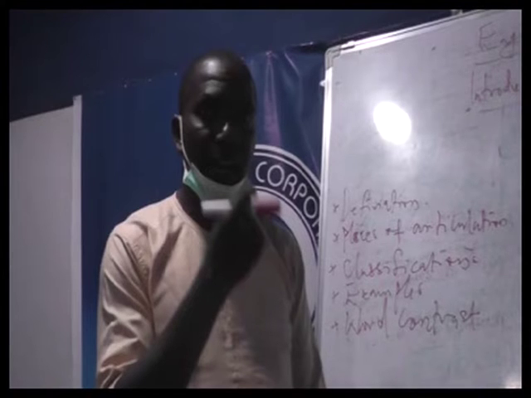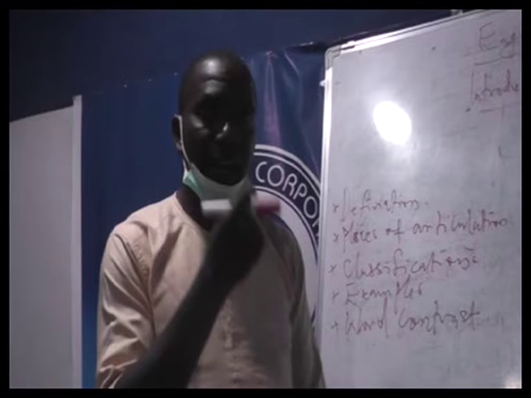The tongue is not mentioned because it is involved in all productions of the sounds you make. Then we go to the next one, which is the classifications. Now, in English, we have 24 consonant sounds, and these are classified into different groups. The first group is known as stop or plosive, and under stop or plosive, you have 6 sounds.